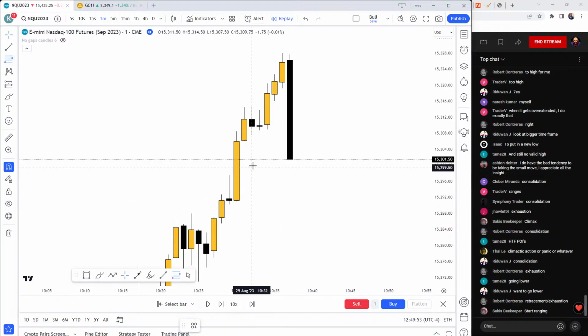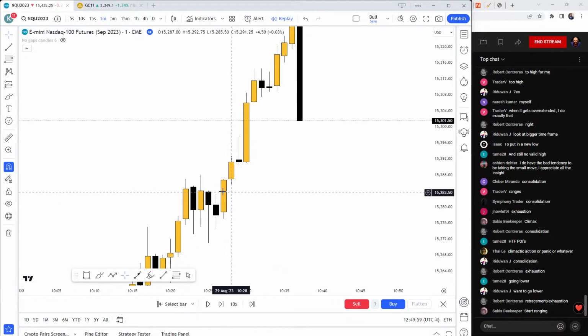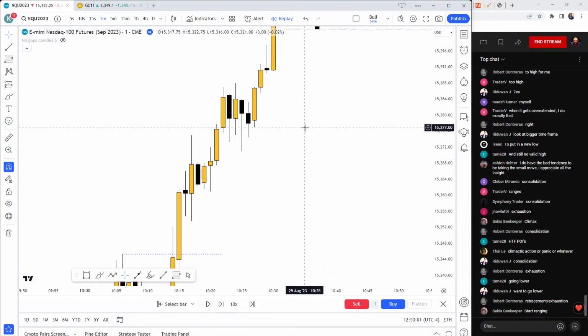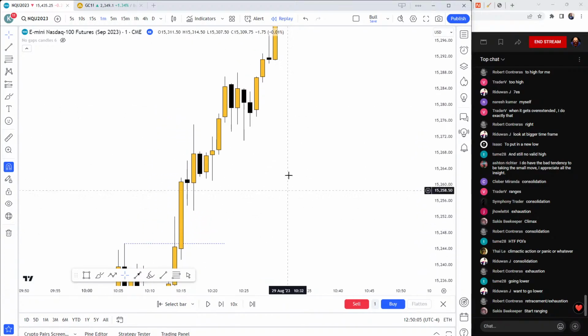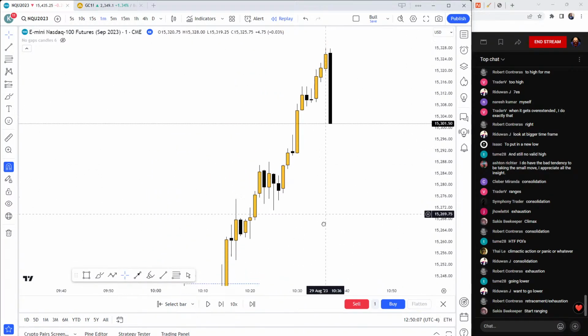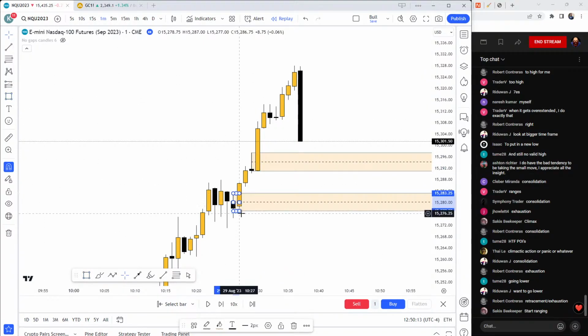So we've got this area here, which we just took out. We don't have any swings in here. Our last swing is still all the way down here. So speed bump here.